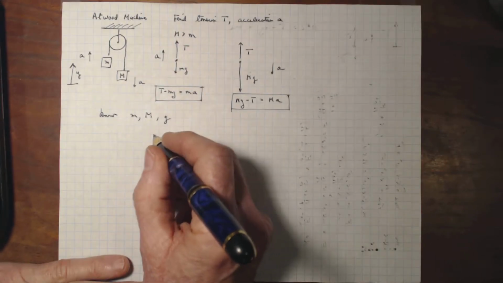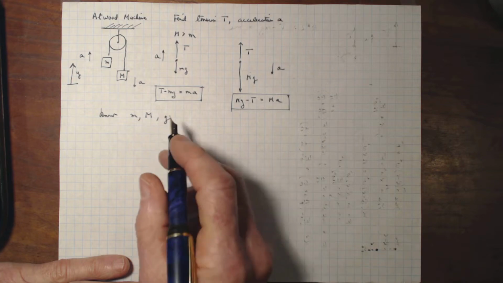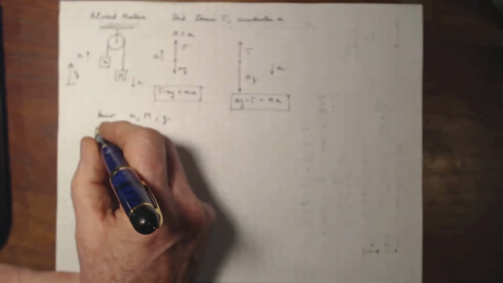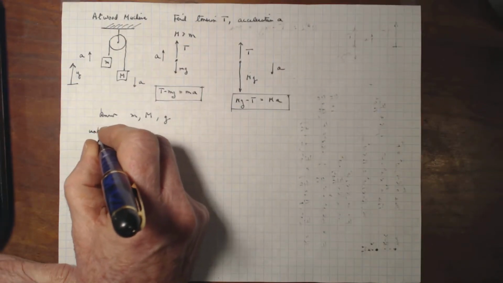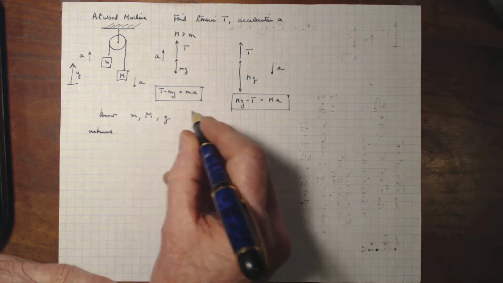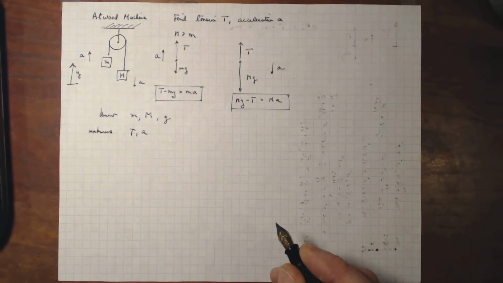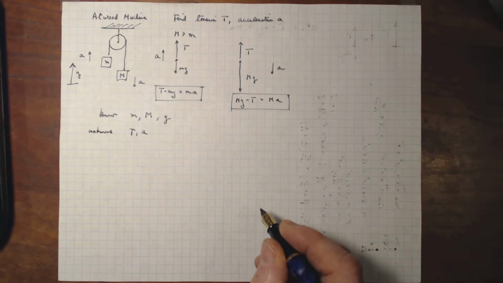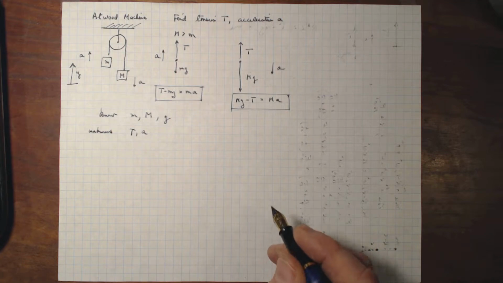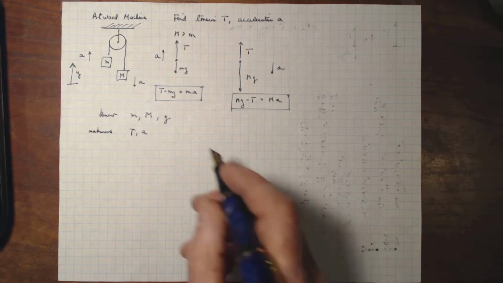G is just going to be equal to 9.8 meters per second per second. And so the unknowns are T and a. Well, we have two equations and two unknowns, and so that's always what you want to look for. You want the number of unknowns to be equal to the number of equations. And so we can solve these.